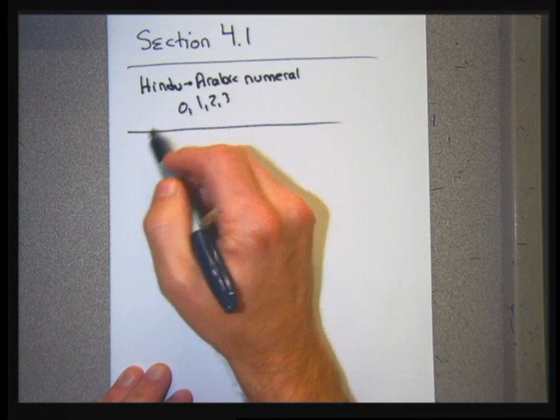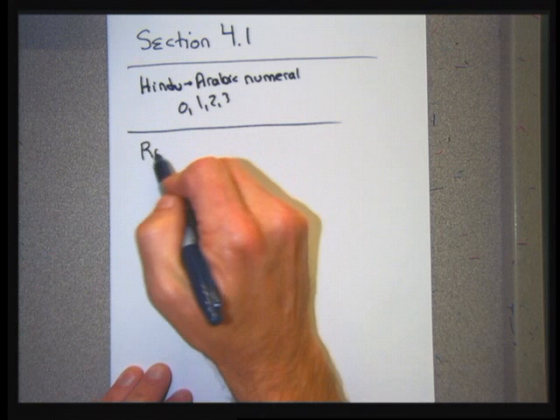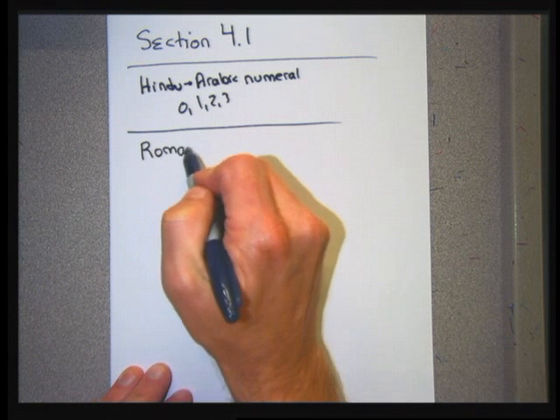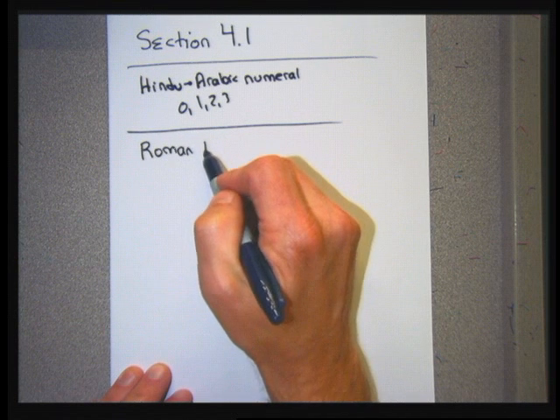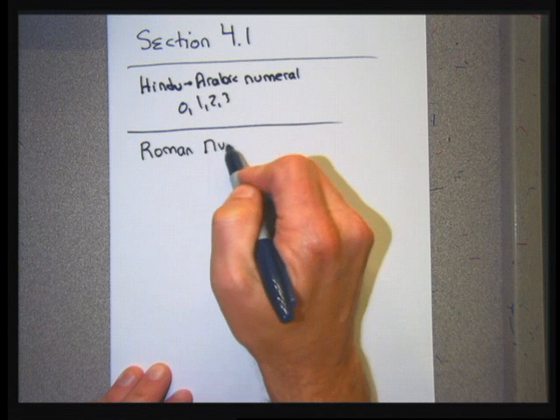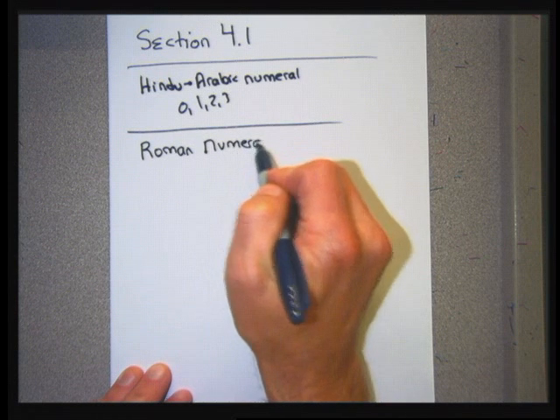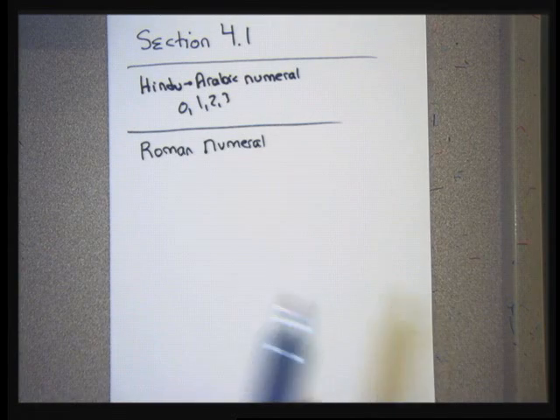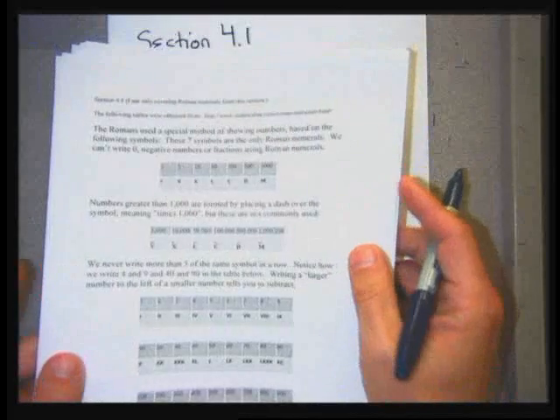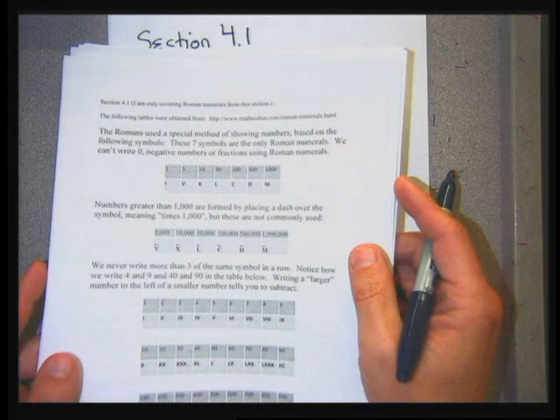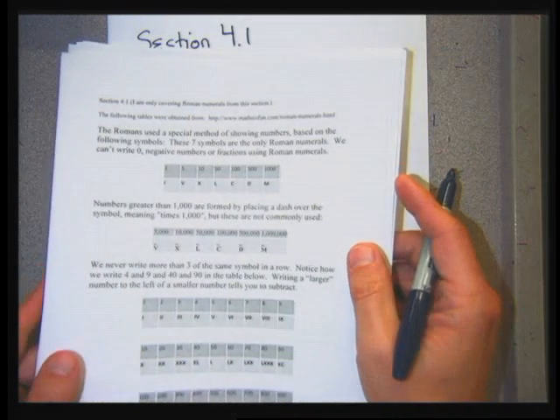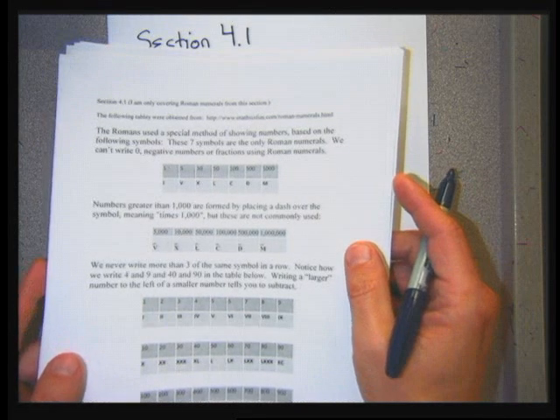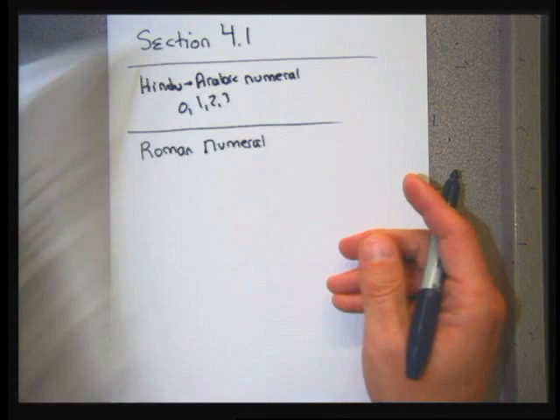What we're going to work with in this section is a numbering system that you might be vaguely familiar with, Roman numerals. I printed out my handout, and I'm going to use it really sparingly here. So you don't absolutely have to have it printed out for this lecture.